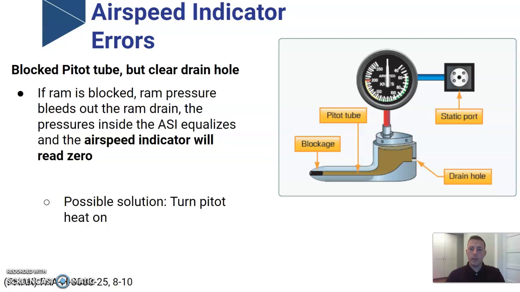Now we have errors that can happen with our airspeed indicator, and this is where it's really important as an IFR pilot to be able to understand when our indicators are giving us errors, and we can kind of differentiate what's going on. So if we have a blocked pitot tube and it's got a clear drain hole, you can see the blockage here in this picture, so we don't have any more ram air pressure coming in here, which means that diaphragm is not getting expanded with the pressure that's coming in.